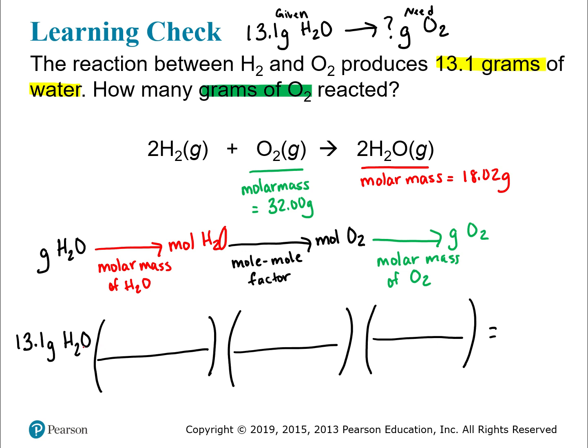If we want the grams of water to cancel, we've got to put the molar mass with the grams on the bottom. Moles of water goes in the top. And that's just the definition of molar mass. 1 mole of water is equal to 18.02 grams of water.